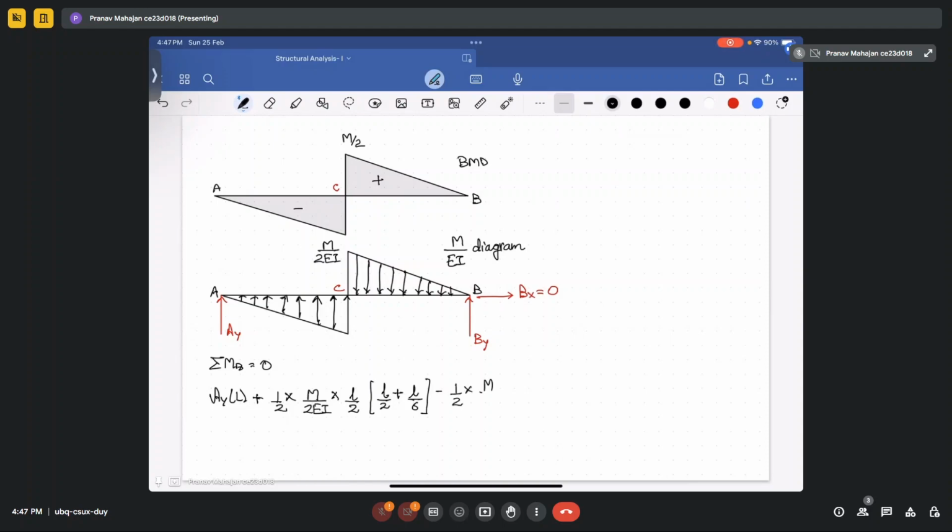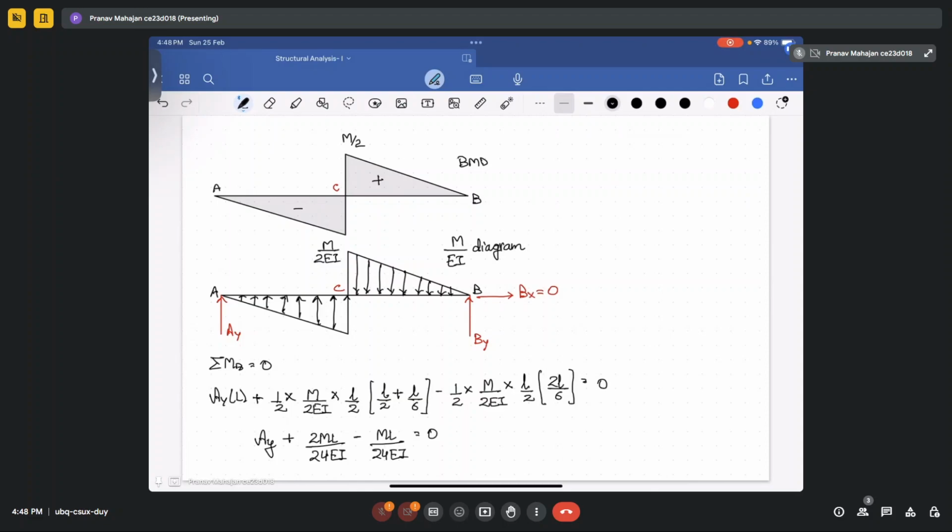It will be M upon 2 EI into L by 2 into 2L by 6. That will be equal to 0. Solve this. You will get AY plus 2ML upon 24 EI minus ML divided by 24 EI equal to 0.